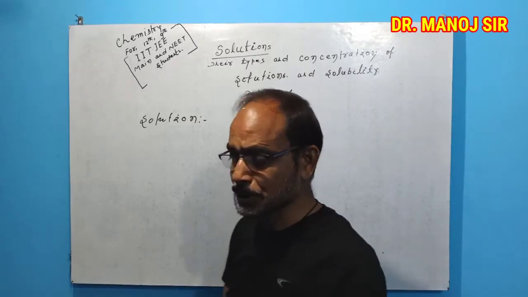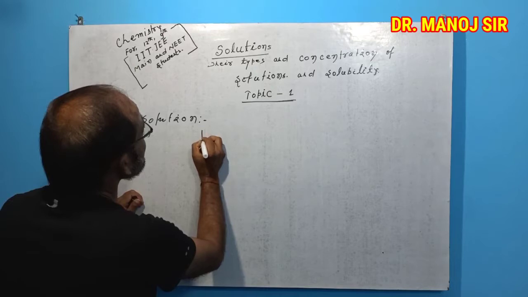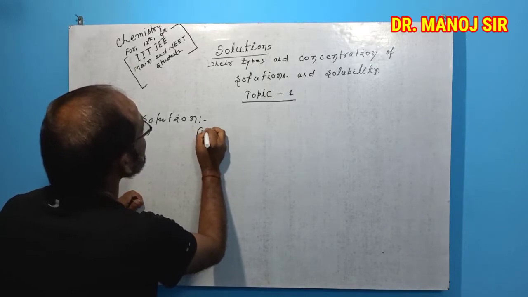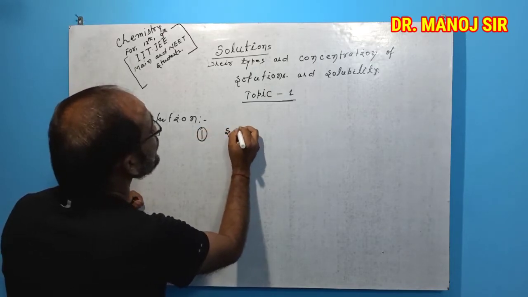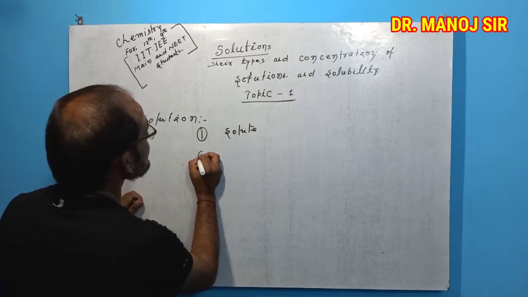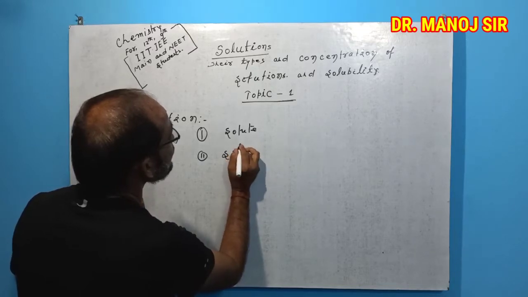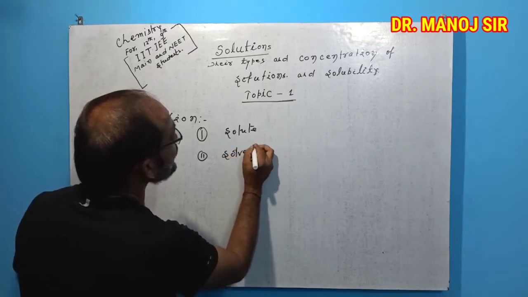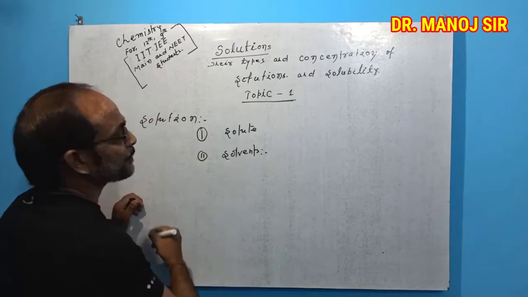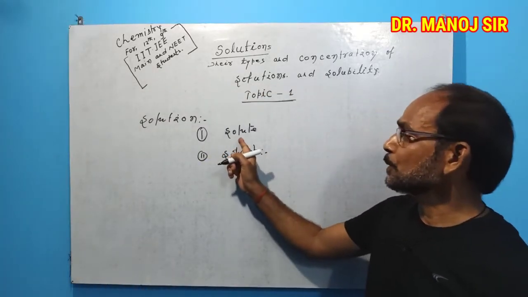and in the class of solution we first study the constituents of the solution. There are two constituents of the solution: one is solute and the other is solvent. Now come to the definition of solute.